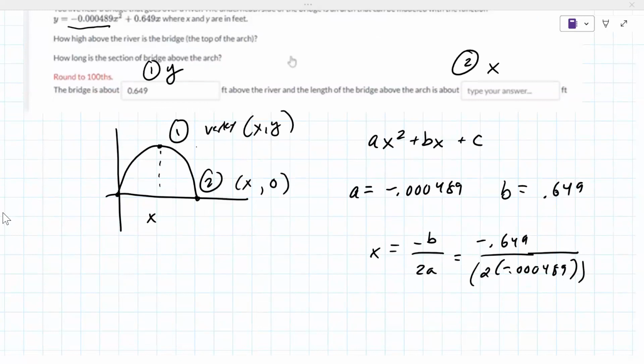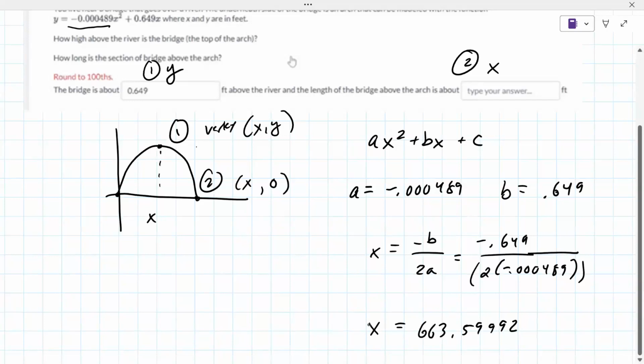Okay, I got 663.599. And we don't know how much to round it to, but we know that that x value here is, and I don't know what to tell you to round it to. I'll just go to 4 decimal places, except I went out too far.